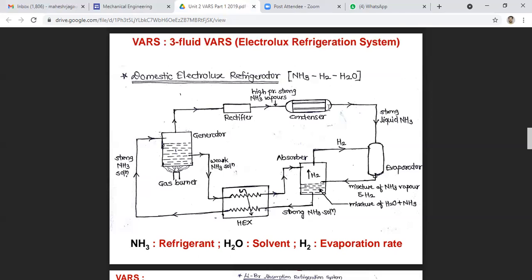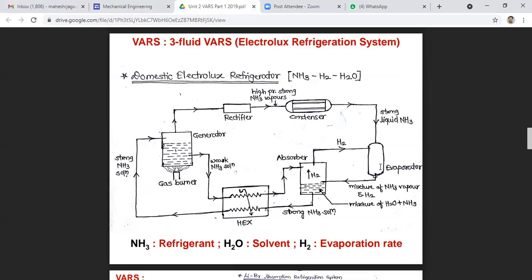Here cooling is provided, and after the condenser the ammonia is converted into liquid and introduced into the evaporator. In the evaporator, the hydrogen fed to the evaporator permits the liquid ammonia to evaporate, and during this process of evaporation the ammonia absorbs latent heat from the evaporator and produces the cooling effect.